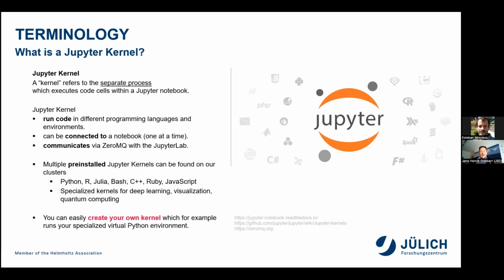In general, it communicates via ZeroMQ. You also generally have multiple kernels installed. On our system, we have Python, R, Julia, Bash, C++, Ruby, JavaScript. Oh no, there are more, Octave, I think, and specialized kernels for deep learning, visualization, quantum computing, which are actually Python kernels, but which have extra packages in there.